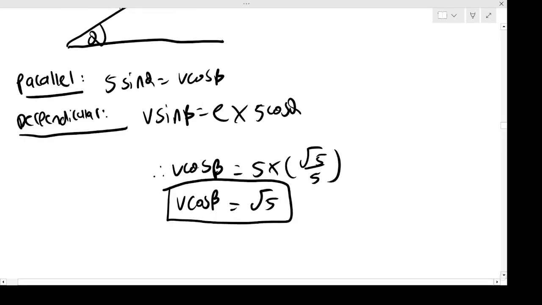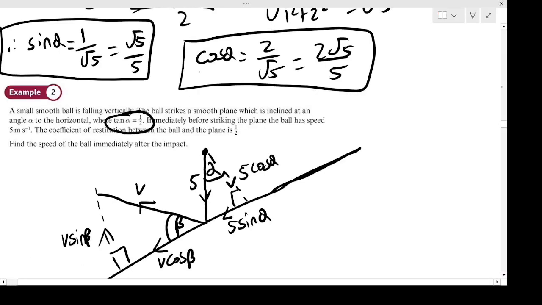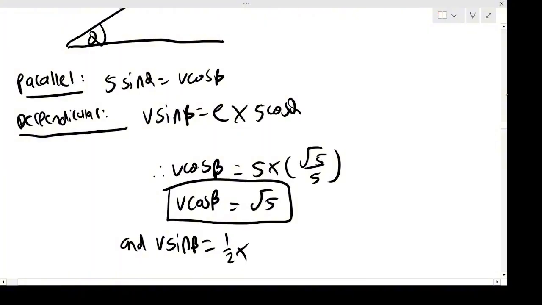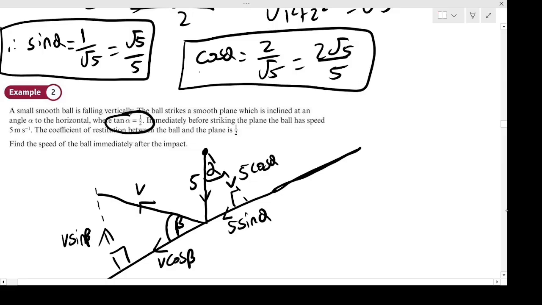And then if I also simplify the second one here, v sine beta is going to be e. Now, e, we're told, is a half, okay? So it's going to be half lots of 5 cos alpha. Now, cos alpha is 2 root 5 over 5.